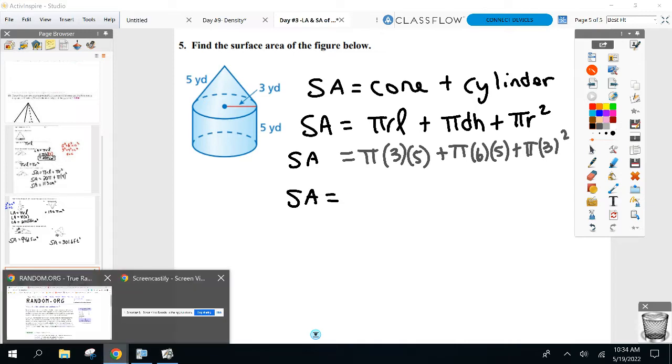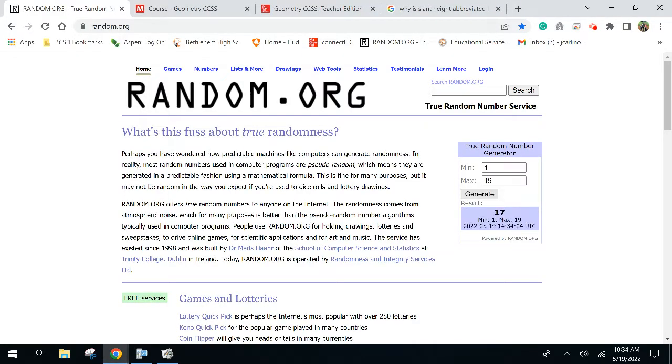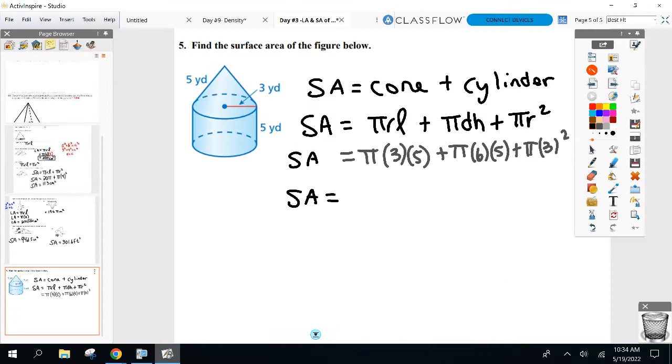Keep going if you're still calculating. Just let me know nearest 10th when you're ready. 169.6. Yep. 169.6 square yards.